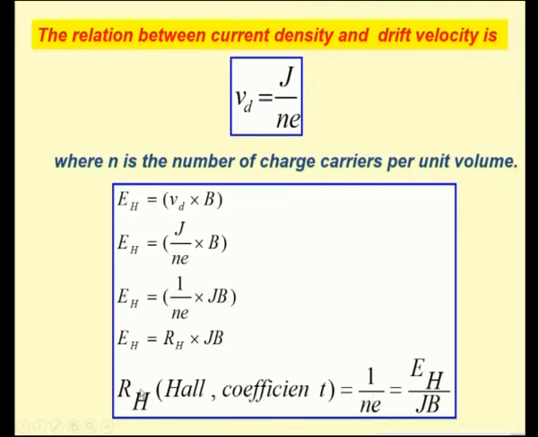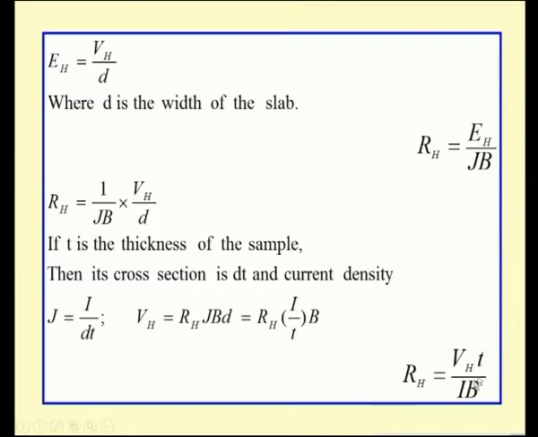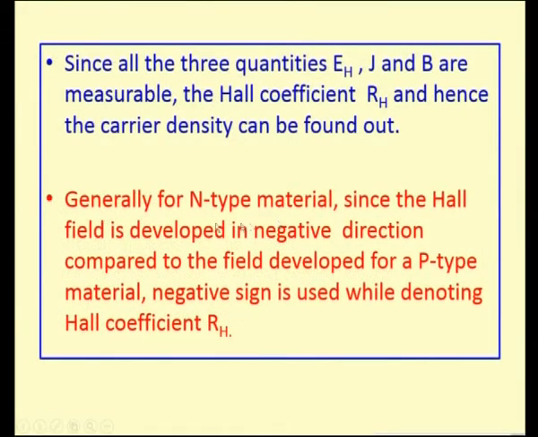This constant of proportionality is finally obtained like this, and we have an explicit expression for RH. Since all these quantities are experimentally measurable, one can obtain RH.